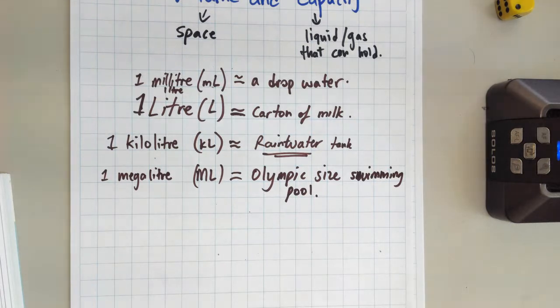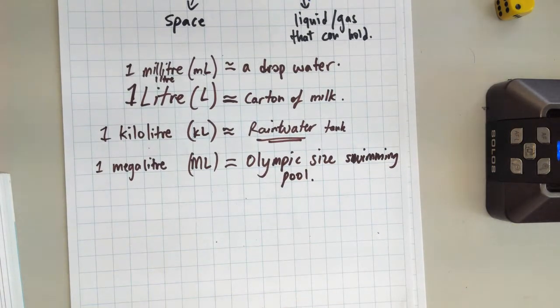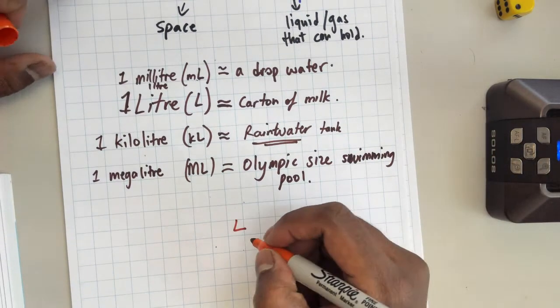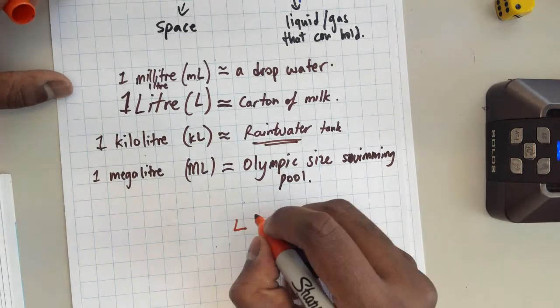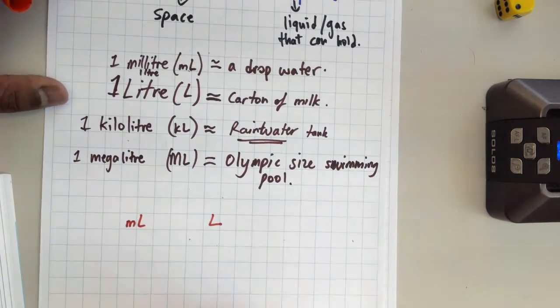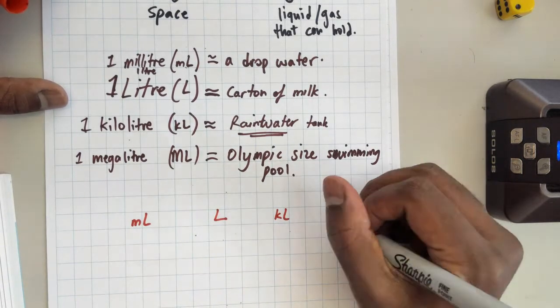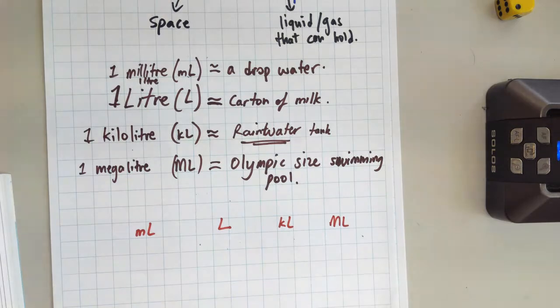We're going to now do a quick conversion tool. So we'll start over here with our liter. I'm going to go small ml, that's going to be milliliters, KL for kiloliters, and then big M and L for megaliters.